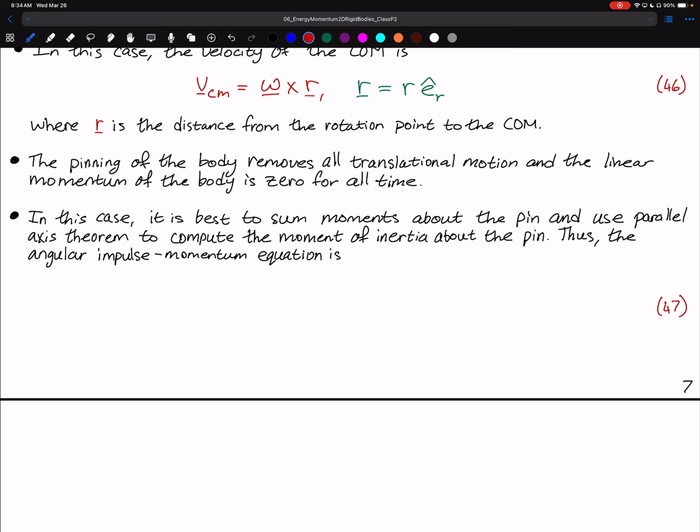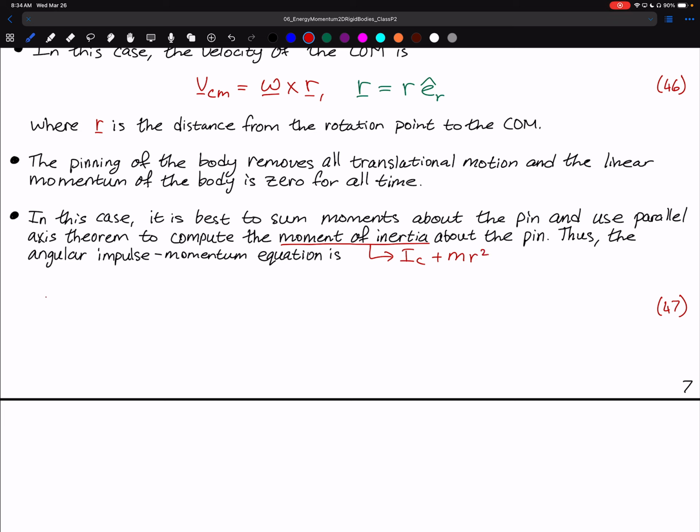And then the moment of inertia is going to end up becoming I_C plus m r squared.